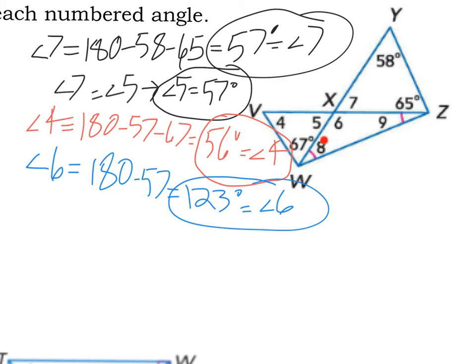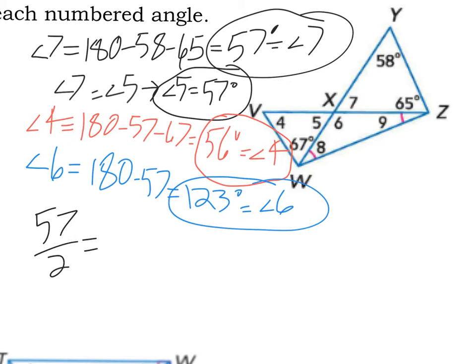And so angle 8 and angle 9 are marked as congruent angles. So that means they are the same measure, right? So we know angle 6 is 123. If we do 180 minus 123, we'll get 57, because we just said 180 minus 57 is 123, right? So angle 8 and angle 9 have to add up to 57, and they're the same angle. So basically what I'm saying is do 57 divided by 2.